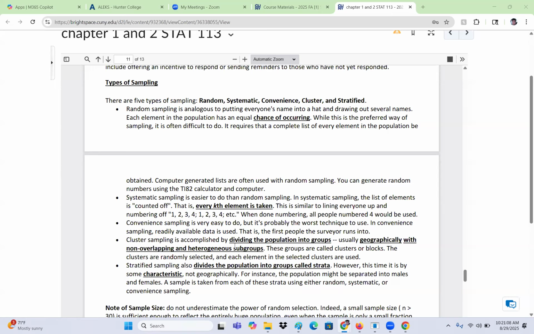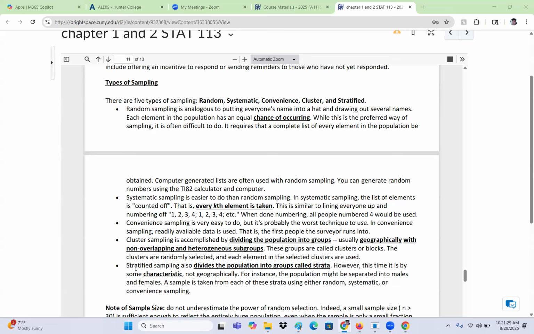Cluster sampling is accomplished by dividing the population into groups geographically. So let's say we pick from classes, but there was some text that I'm not sure about on ALEKS, so you can check the answers. They actually swap the stratified sampling with the cluster sampling for some reason.